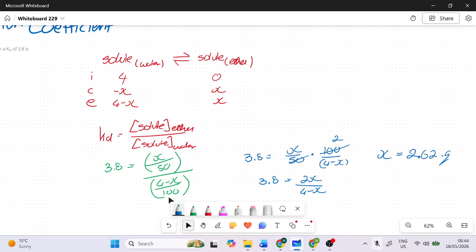Once you do all this, you do not have 4 grams for the second extraction, but rather you have 1.38 grams on its own. And because you have the 1.38 grams on its own, you can simply work it out.